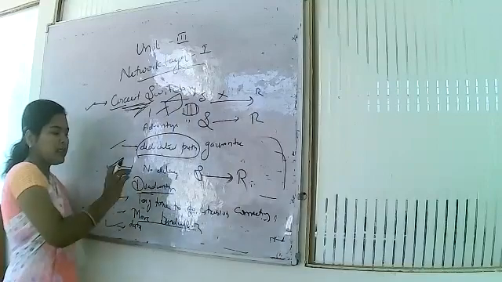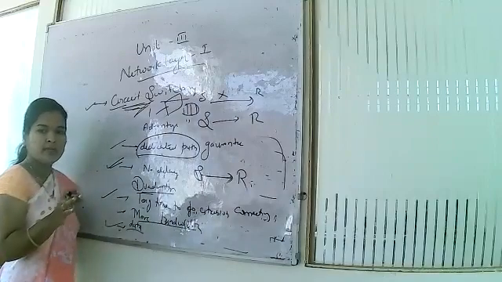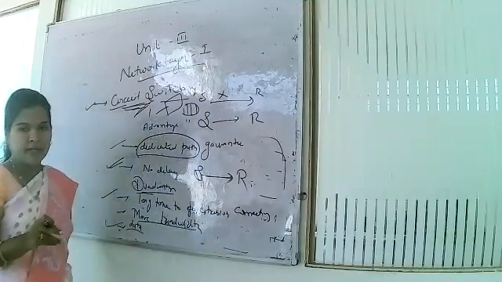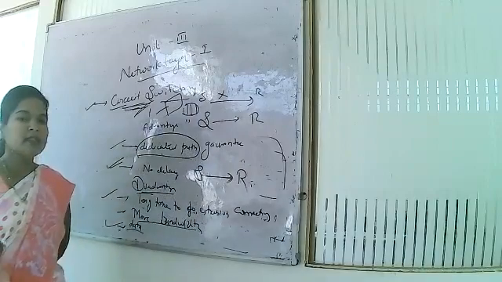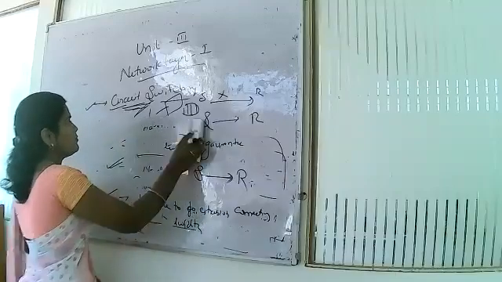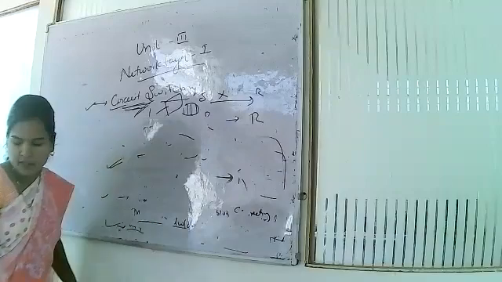If the data is already defined, you will send it in terms of frames only. But any other data you can't send through circuit switching. This is the disadvantage of circuit switching. I think you understood.